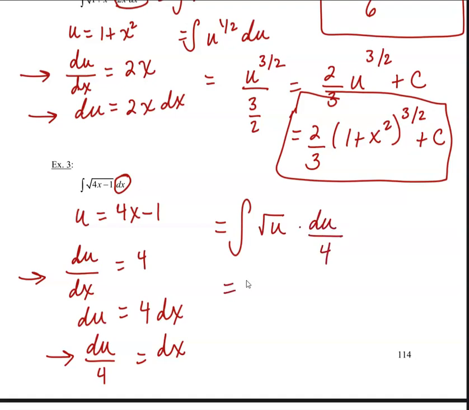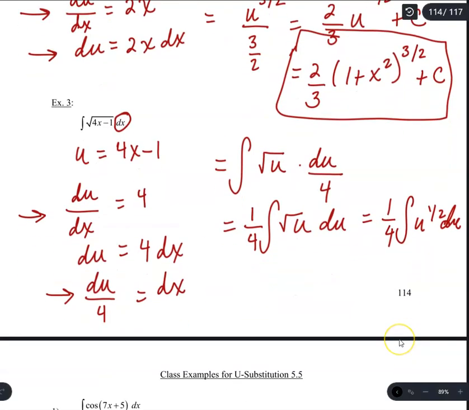That 1/4 is just a constant multiple, so I can move it to the front. That's 1/4 times the integral of u to the 1/2 du. In other words, the typical rules for integration still apply. If I'm multiplying by 1/4, that's a constant multiple, and I can move it to the front of the integral, no problem. Now I'm going to find the antiderivative.